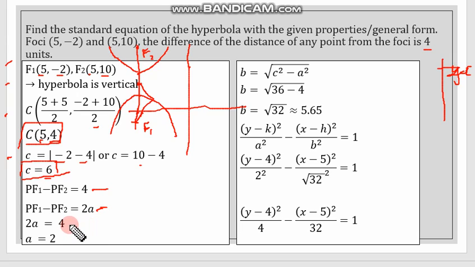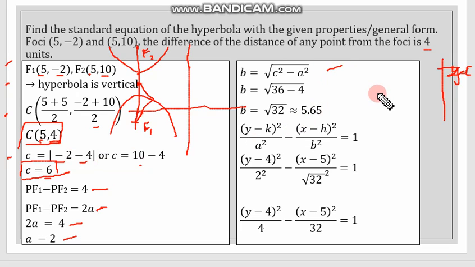So 2a equals 4, divide both sides by 2, so a equals 2. We have our a and our c. Let's get b, since it's one of the most important parts to identify the standard equation of the hyperbola.